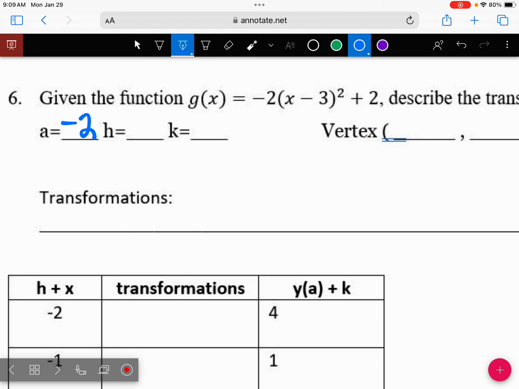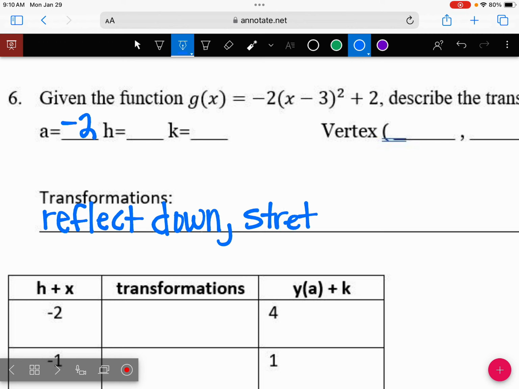Now because A is -2, it's going to make the graph flip. I'm going to say reflect though. So it's going to reflect down, and it's going to stretch because A is -2.